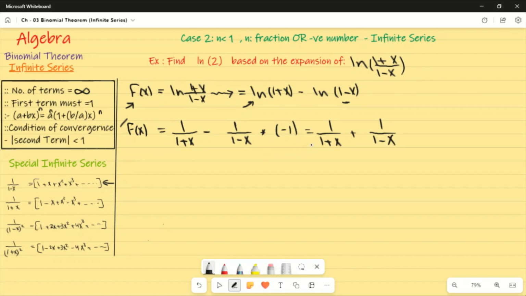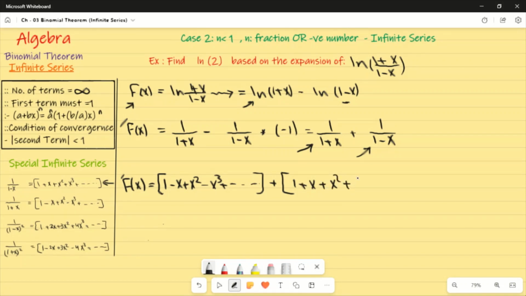And here are two special series, so just write it here. f dash of x equals 1 minus x plus x squared minus x cubed plus, and this plus 1 plus x squared plus x cubed plus.